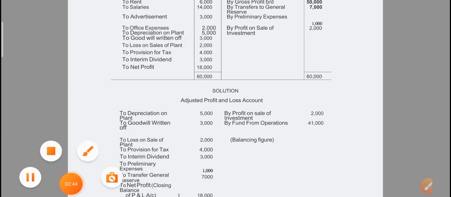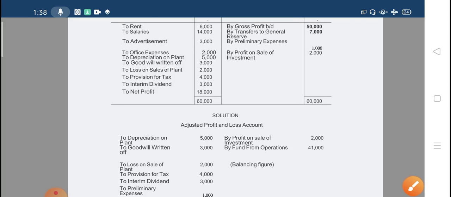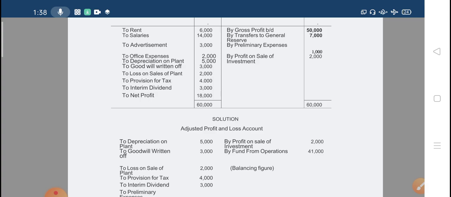Let's see. Directly we go with the depreciation on plant, goodwill written off, loss on sale of plant, provision for tax, then interim dividend, then at the credit side also we can take transfer to general reserve, preliminary expenses, profit on sale of investment.